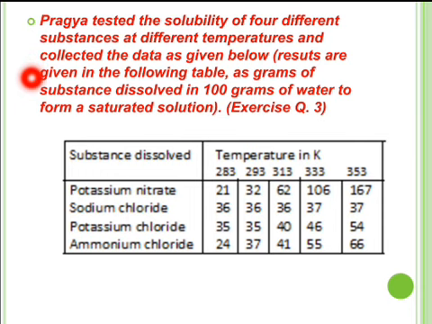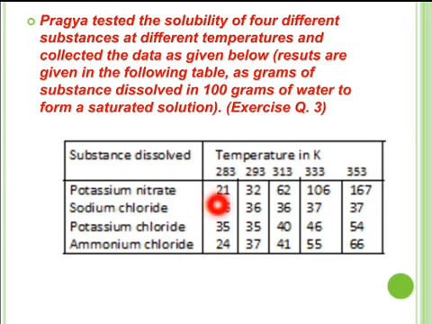Results are given in the following table as grams of substance dissolved in 100 grams of water to form a saturated solution. Let us see in this table that 4 chemical substances are taken and dissolved in 100 grams of water at different temperatures.